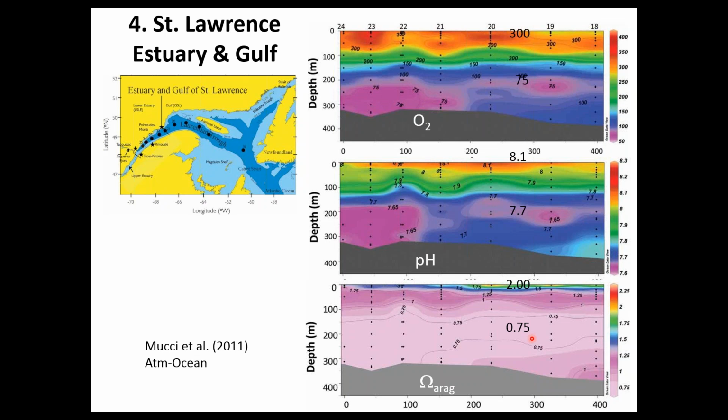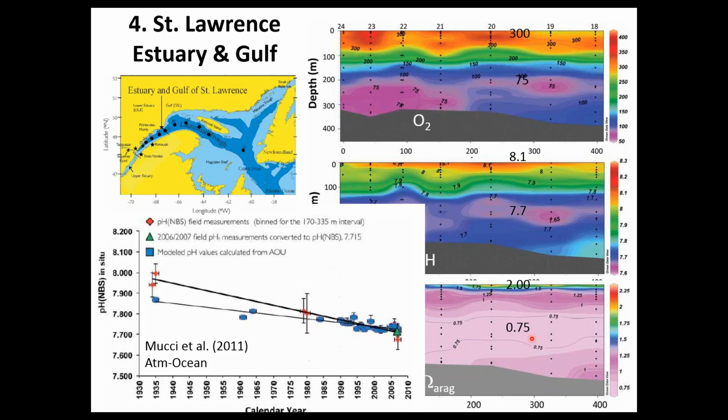And what's most interesting from their example is they have some data not only back to the 1980s but also to 1935, before the NBS pH scale was even established, assuming we know the pH relatively well then. So you see this pH decrease with time, a long record.